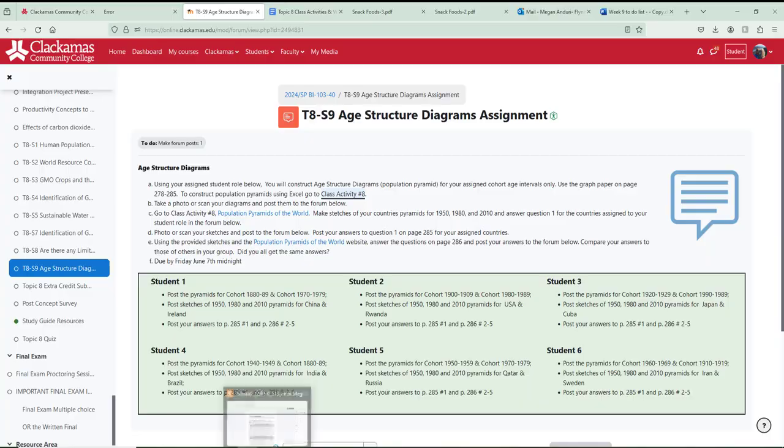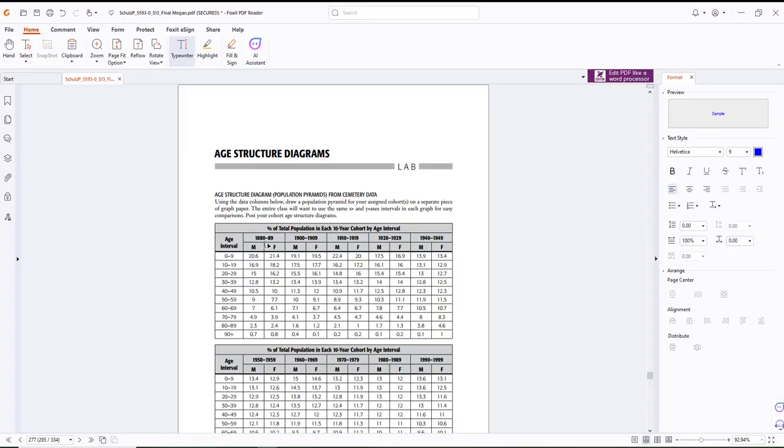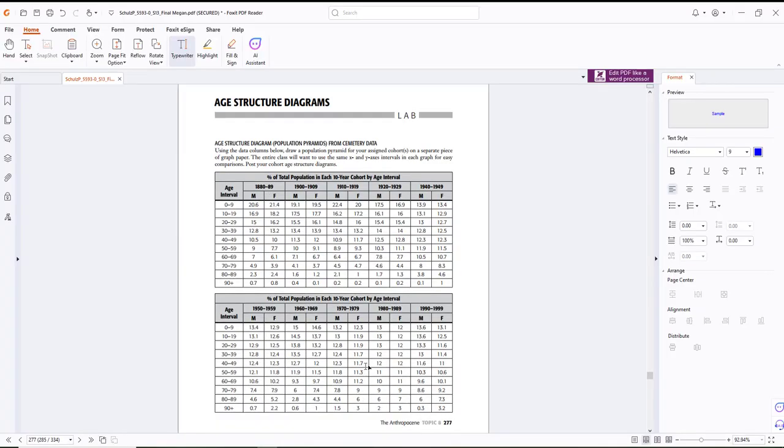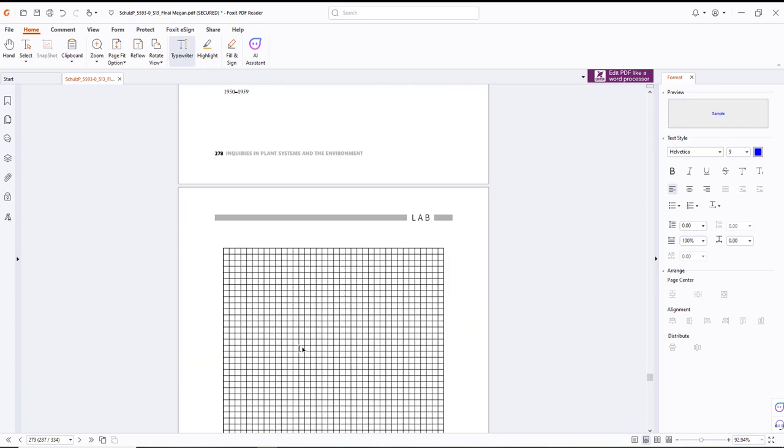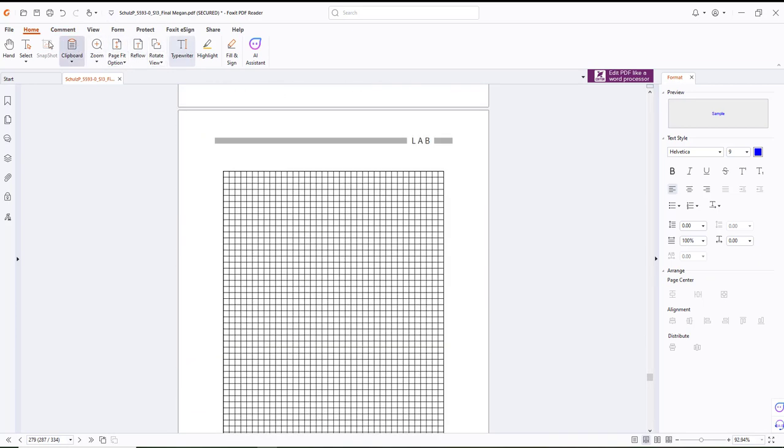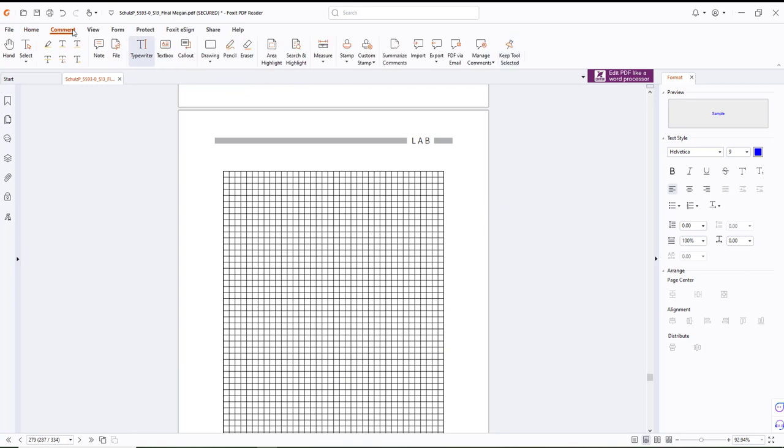Okay, so you'll be graphing like this one and this one. To set up an age structure, basically the way you set it up is you'll have these age intervals. So let's see if I can draw one that doesn't look horrid.